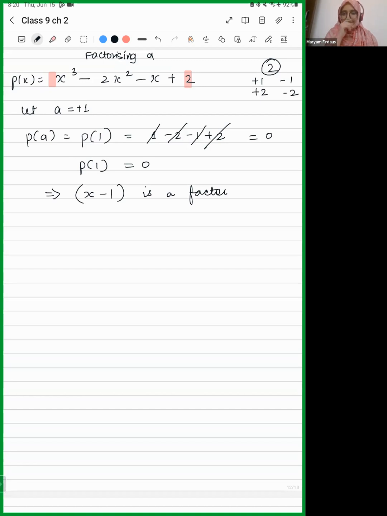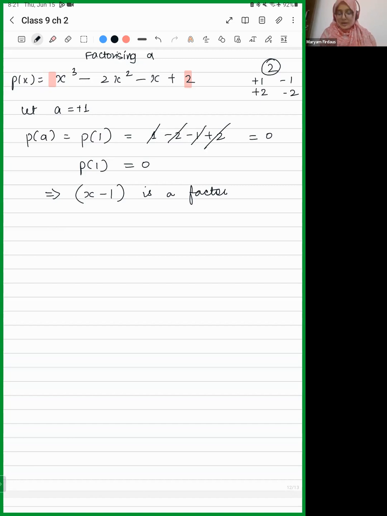Since x minus 1 is a factor, we can take x minus 1 common everywhere. What does that mean? We can divide it by x minus 1. Do you know how to do the long division of polynomials? Ma'am, I kind of struggle, but I can do it.